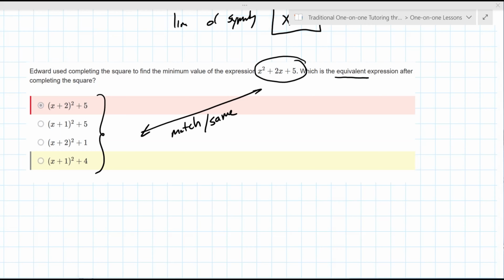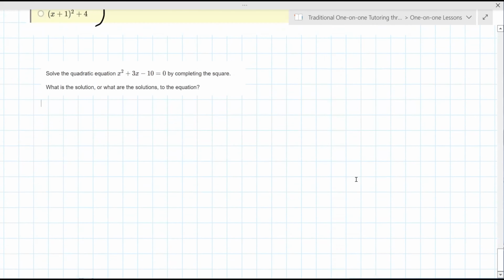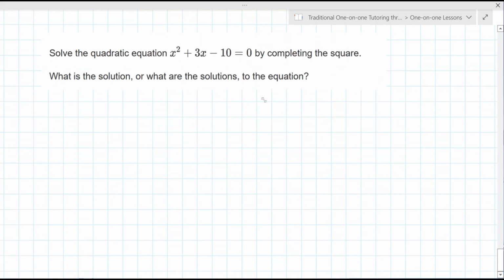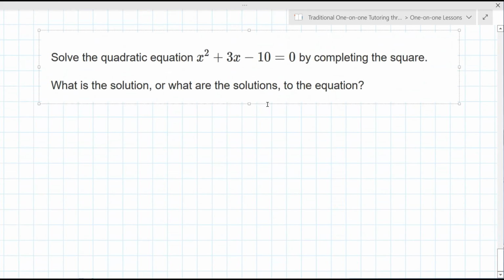All right, here's another example of how you want to probably use the graph. Here's the problem. It says solve this quadratic equation by completing the square, but the computer has no idea if you've been completing the square.